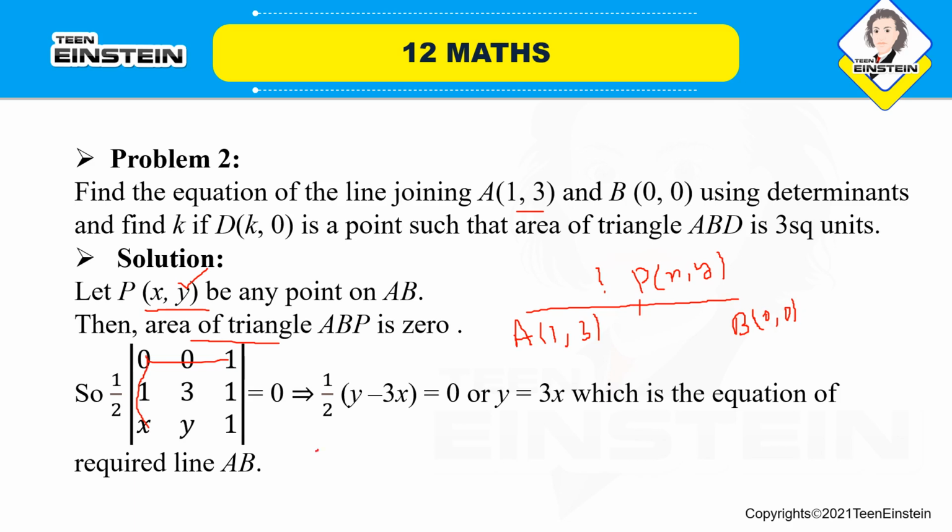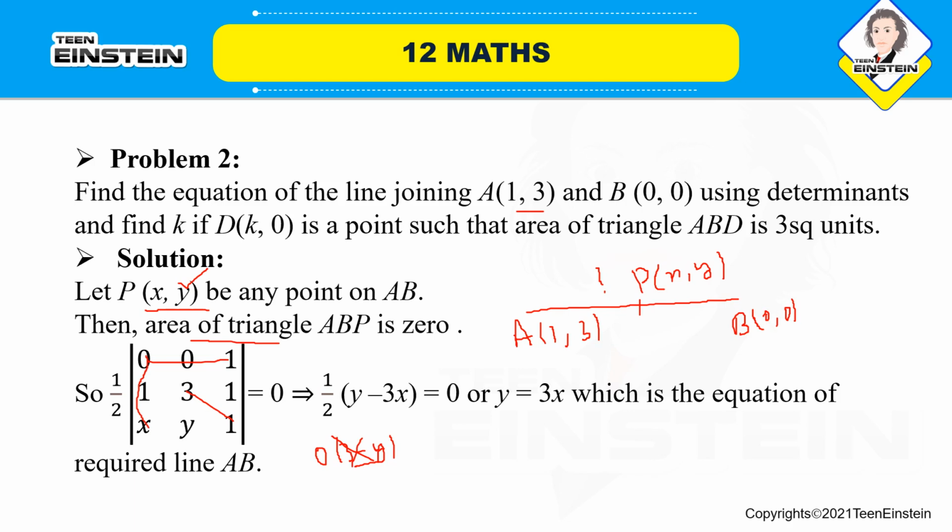For example, if you consider the first element, you will be getting the 2 by 2 matrix 3, 1, y, 1. In the downward arrow this is 3, minus in the upward arrow you'll be getting y. But whatever the value inside the bracket, if you multiply with 0, you'll be getting 0 only. That's why we need not consider this. Similarly, don't bother about the next value also, because this is also 0.